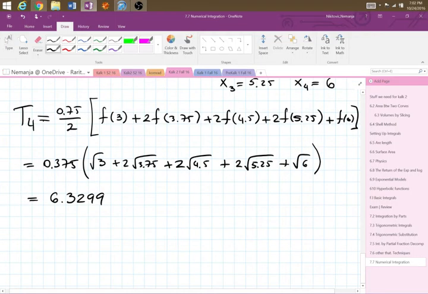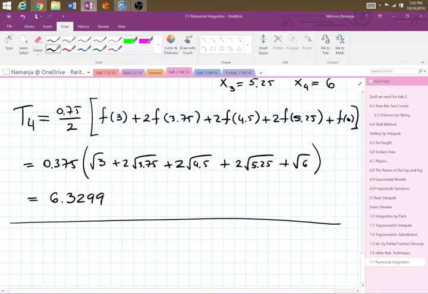We have one more rule, and that is Simpson's rule.